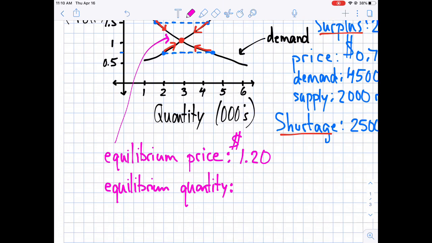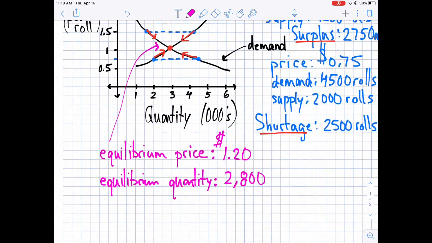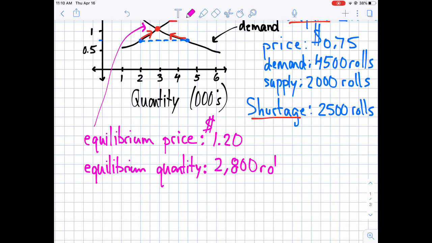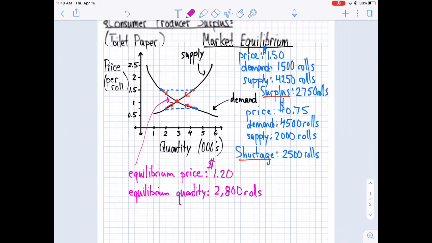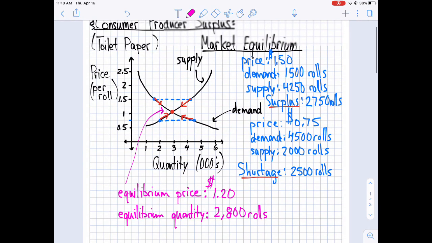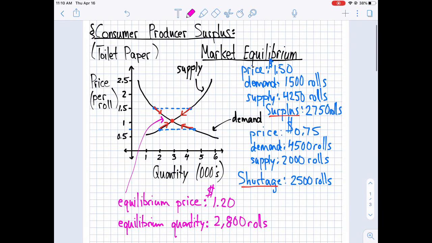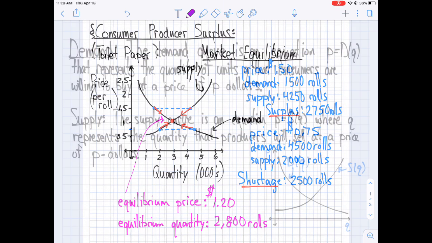Our equilibrium quantity would be 2,800, and again we're looking at rolls. Okay, so this is going to be our introduction to market equilibrium and to the supply curve and to the demand curve. What we're going to do next is I'm just going to define these terms, and then we'll look at doing some examples.